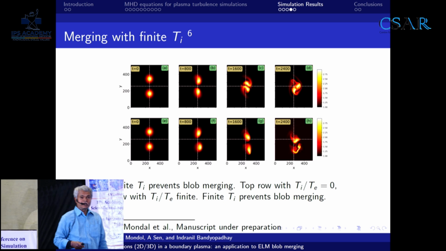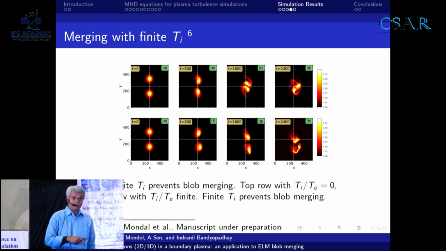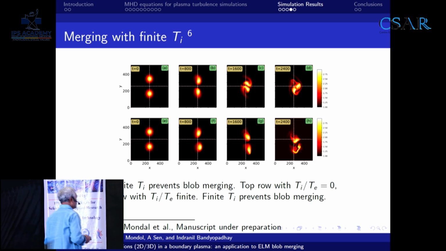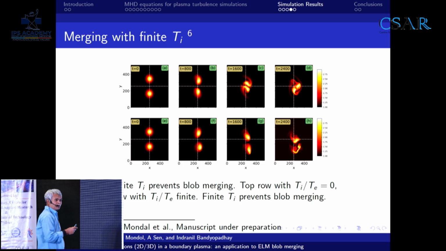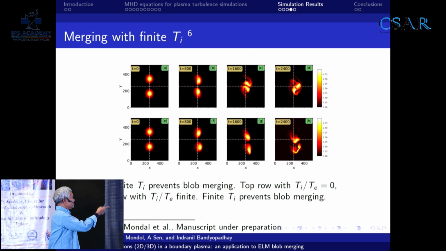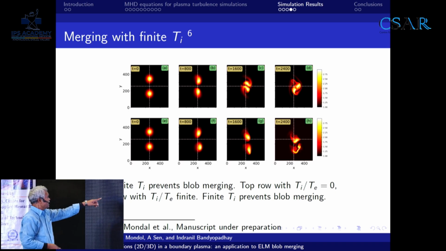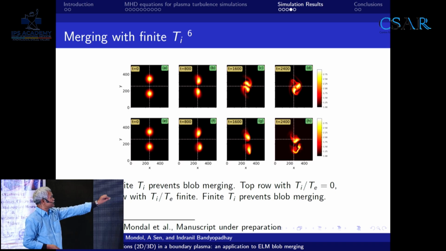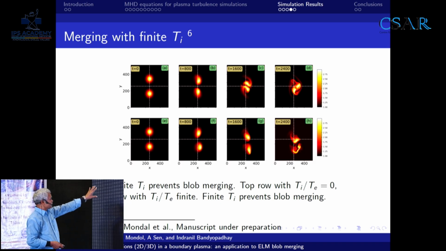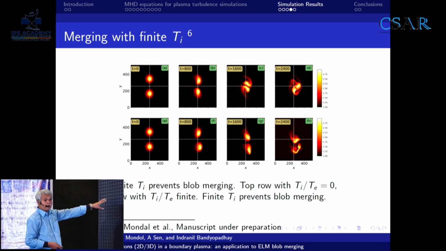The interesting point is that whenever ion temperature is taken into account, earlier ion temperature was 0, these blobs have electron temperature, ion temperature, and also the density, which are at maximum at the center of each blob. And then they come closer. The top one was already presented earlier. Here both cases are presented to compare with each other.